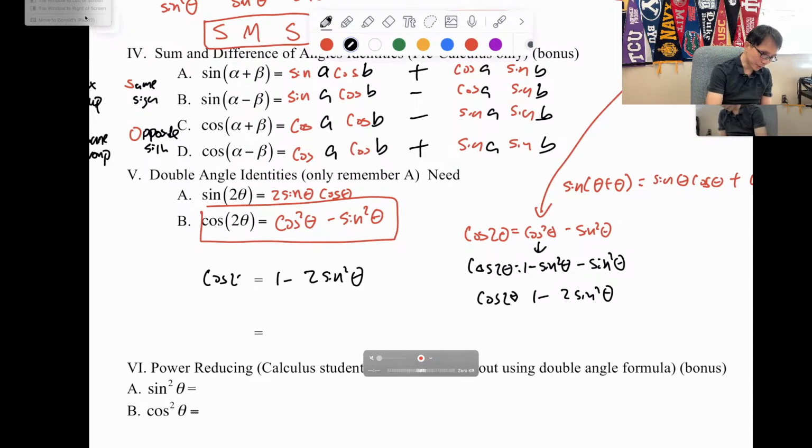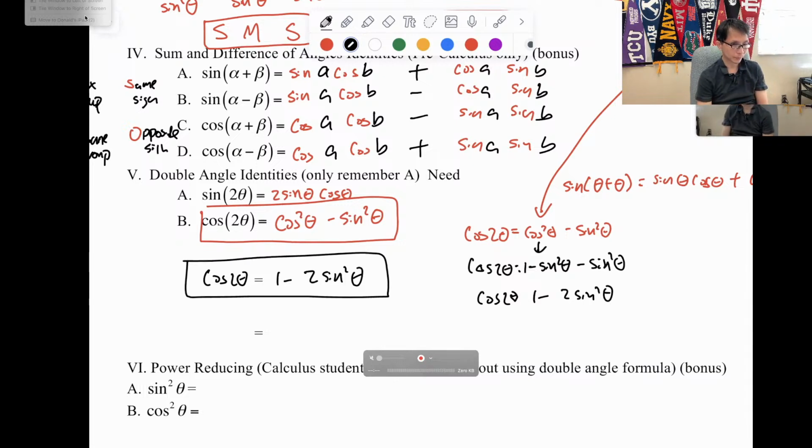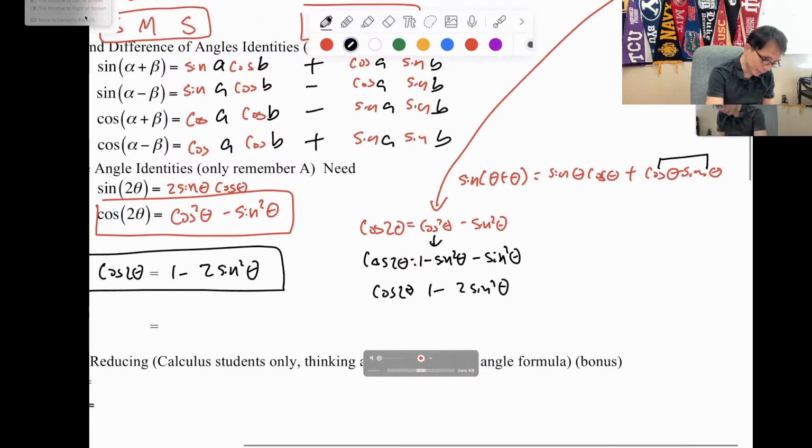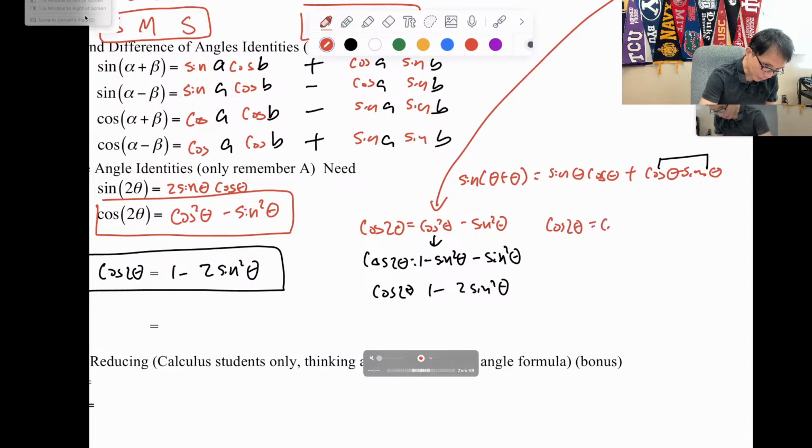So for cosine 2 theta, I come up with the second one. I'm going to rewrite again, same thing. Cosine 2 theta is equal to cosine squared theta minus sine squared theta. Now this time, I'm not going to replace the cosine squared. I'm going to replace the sine squared. What is sine squared? 1 minus cosine squared.